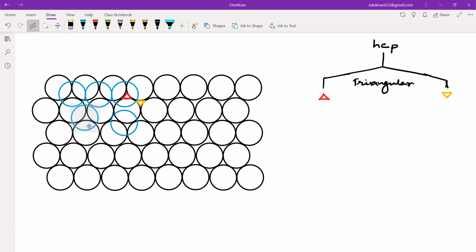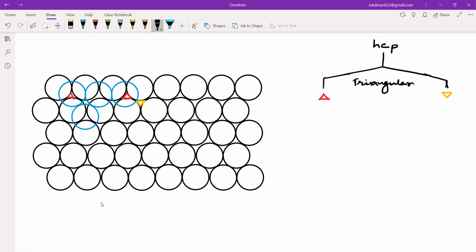Now, look at this void that was downward facing. We had the upward facing void, which is now converted into a tetrahedral void. We had this downward facing triangle. You can see that it is converted into which void? You guys will tell me. Tetrahedral void? No, not tetrahedral void. Look again.